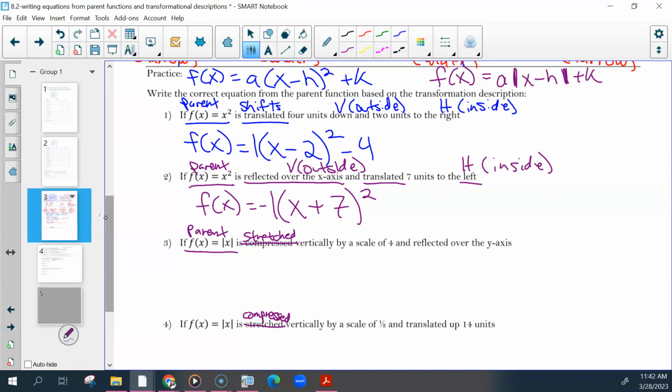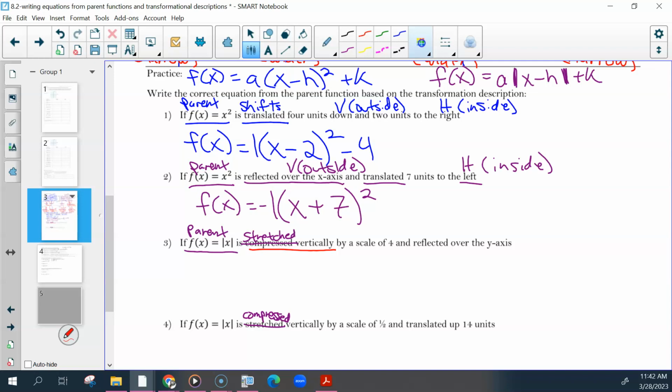Do you see any of those words? Stretched. And what's nice about this is anytime it's stretched or compressed, it has to say by what type. Otherwise, you wouldn't know where it goes. So it says stretched vertically. And then it also says by a scale of 4, so it tells you by how much. Any other transformation words we see?